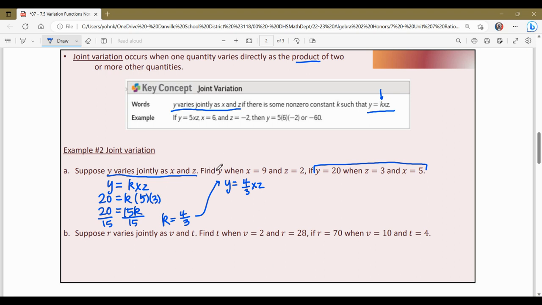Then I'm going to use the last piece of information, find y when x is 9 and z is 2. So y equals 4/3 times x, which is 9, times z, which is 2. So this is going to give me 36 and 2 is 72 over 3, which is going to be 24. So y is 24.